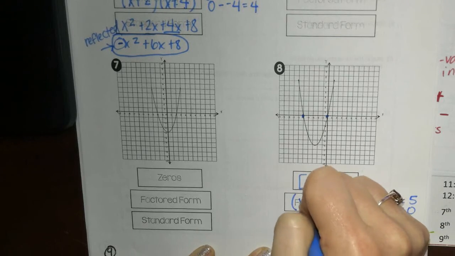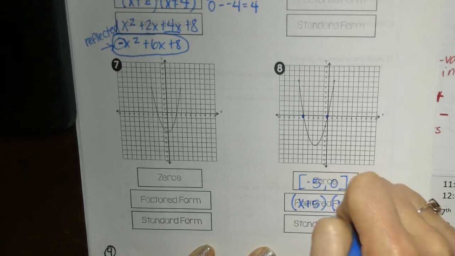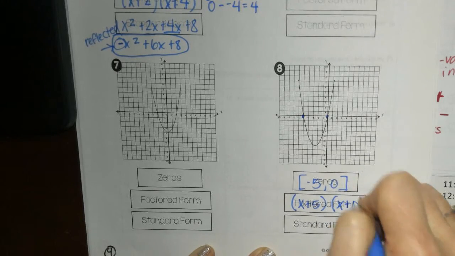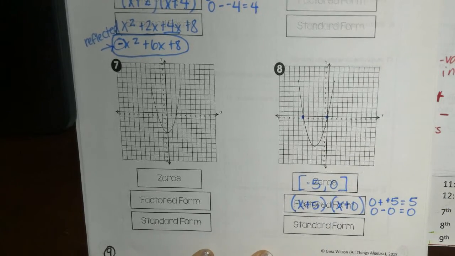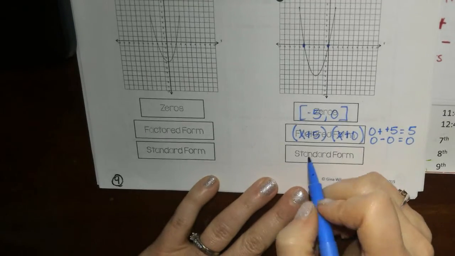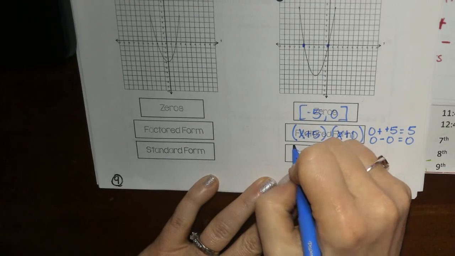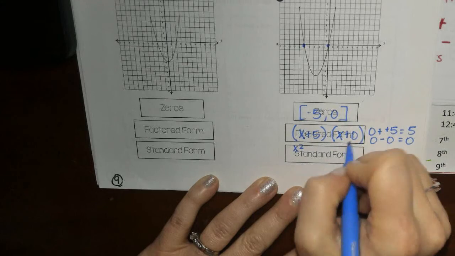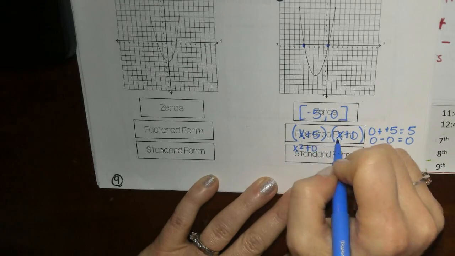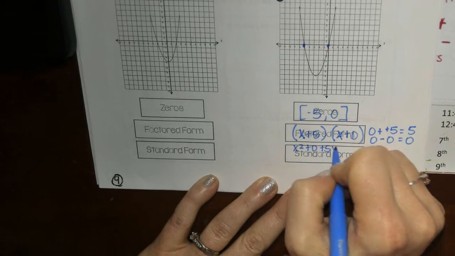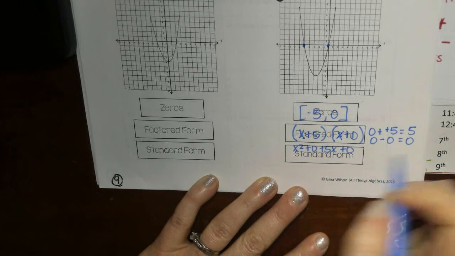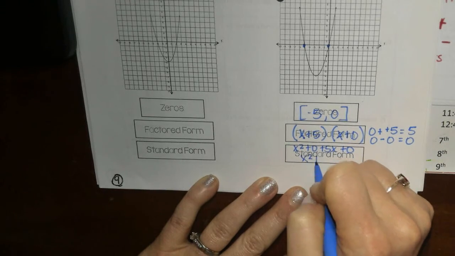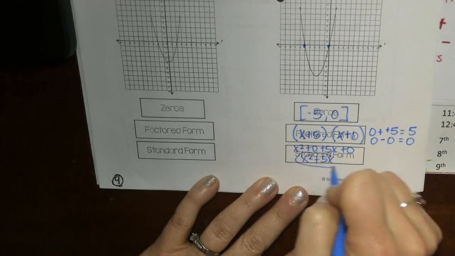So x plus 5 and x plus 0 are your two factors. You can FOIL this out: x squared plus 0 plus 5x plus 0. So x squared plus 5x is your answer.